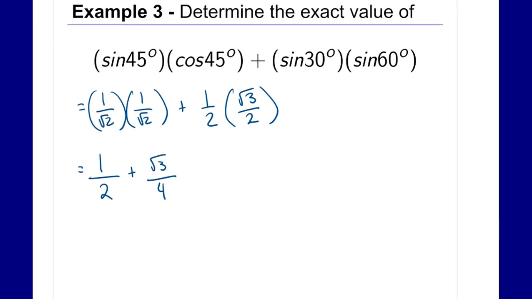In order to add these, I need a common denominator. So I'm going to multiply the left fraction by 2, both parts. So it becomes 2 over 4 plus root 3 over 4.